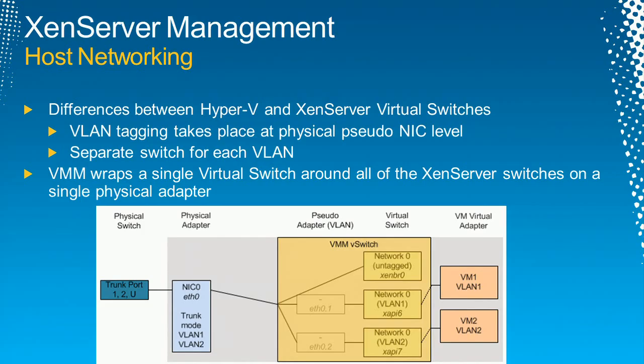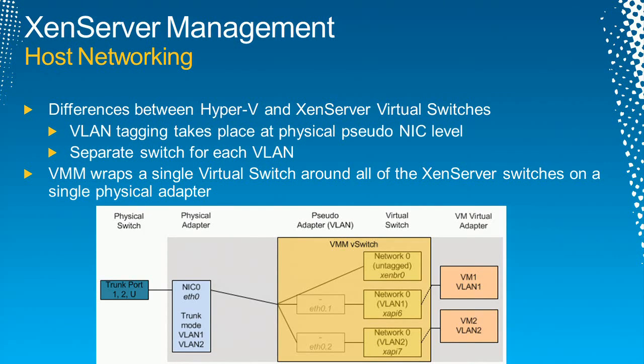In XenServer, tagging takes place closer to the physical NIC. For each VLAN that you create on XenServer, they create what you call a pseudo NIC, and that's where the VLAN tagging and untagging is done. As a result, you end up with a virtual switch on each XenServer host for each of the VLANs. So this model just doesn't really fit with the way it's done in Hyper-V, in our current model.